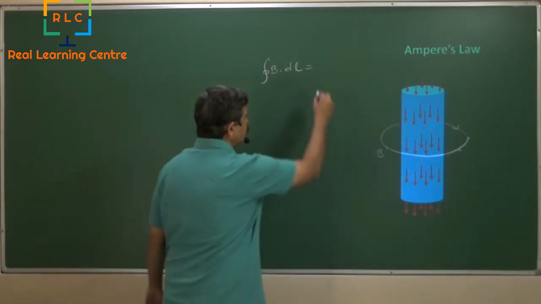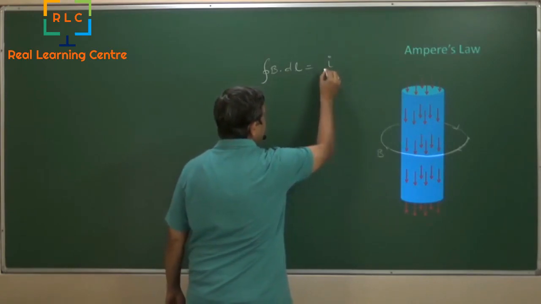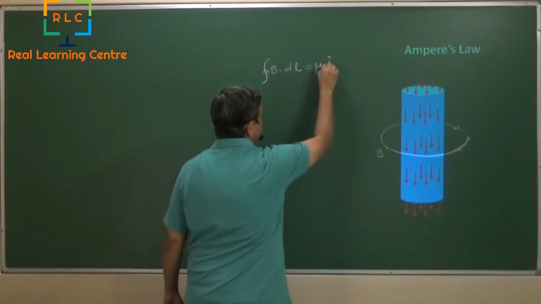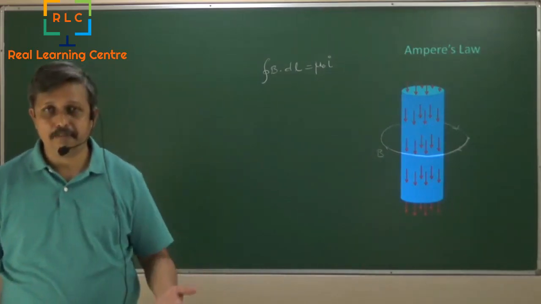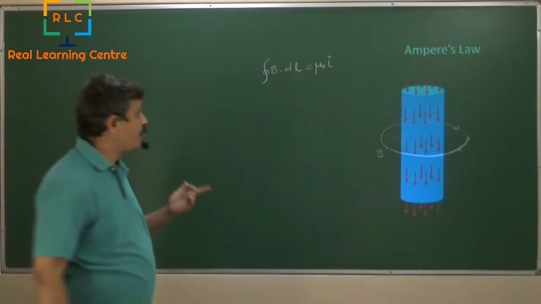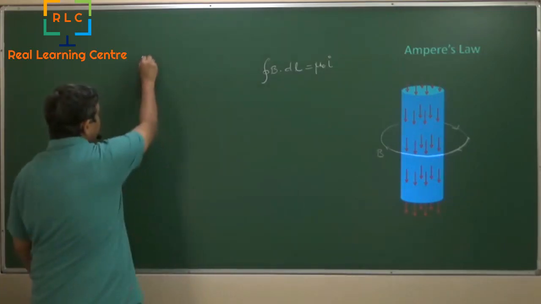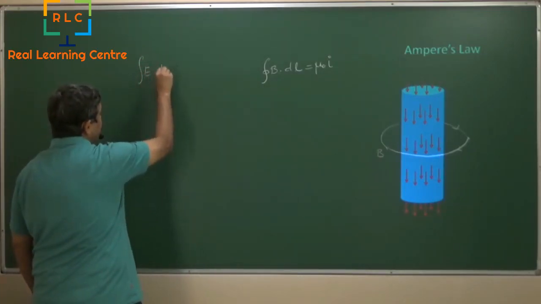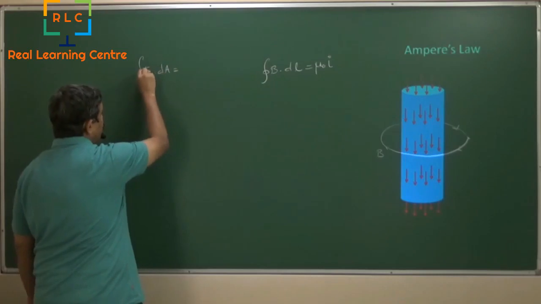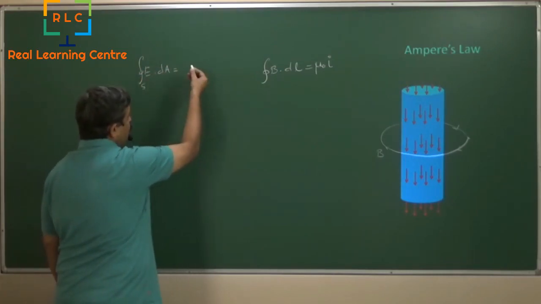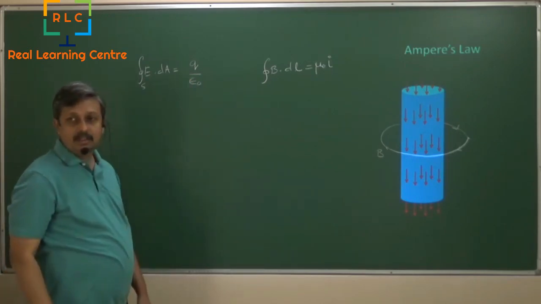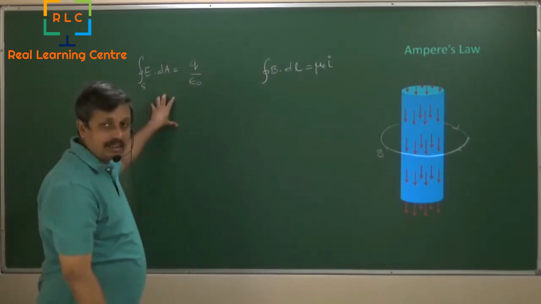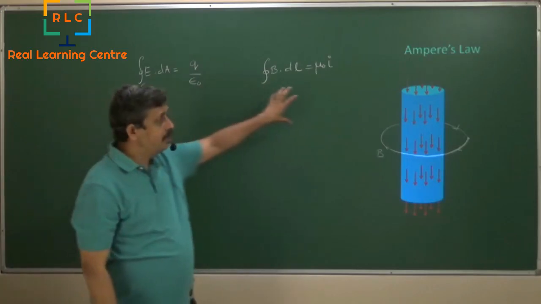We'll call it I, with one more constant called mu naught, so mu naught I. Like we talked about in Gauss's law, the integral of E dot dA over the surface is equal to the charge enclosed divided by epsilon naught. So this is our Gauss's law and this is our Ampere's law.